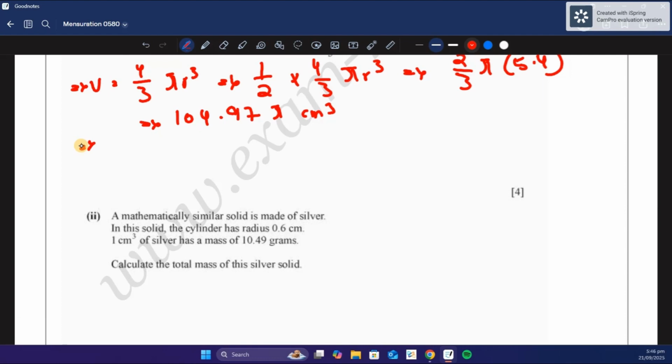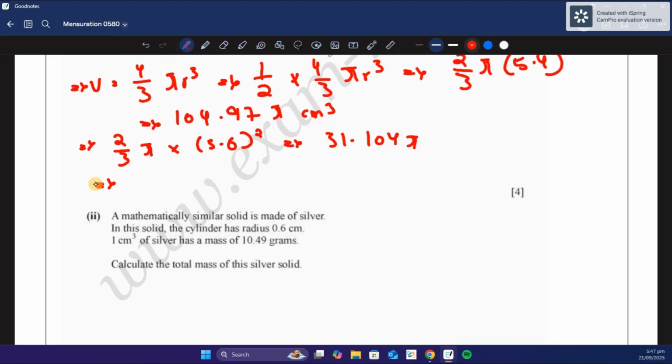We're gonna say 2 over 3 pi into 3.6 squared, which would give us 31.104 pi.